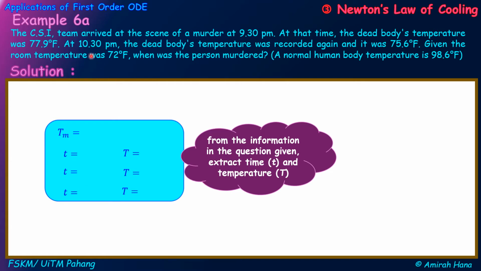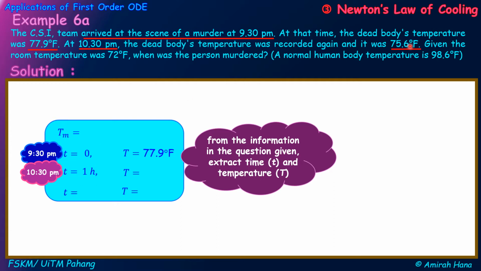Arriving at the scene of a murder at 9:30 p.m., we assume t equals 0, and 77.9 degrees Fahrenheit is the temperature. Then 10:30 p.m. is the time. From 9:30 p.m. to 10:30 p.m. it is 1 hour, so we write 1 hour here.